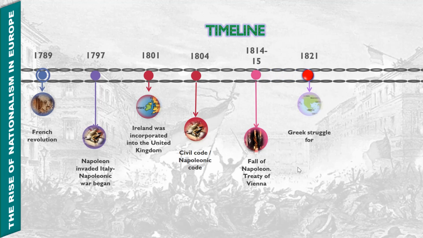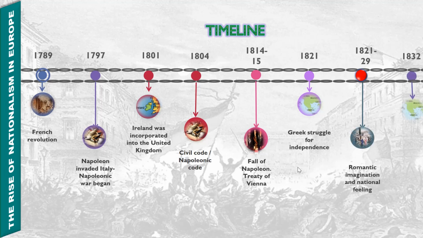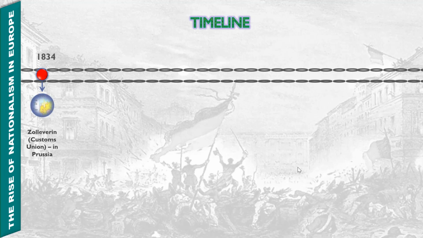In the year 1821, Greek struggle for independence. In the years 1821 to 29, romantic imagination and national feelings emerged. 1832, the Treaty of Constantinople, Greece gained independence. 1834, Zollverein, a customs union, was established in Prussia.